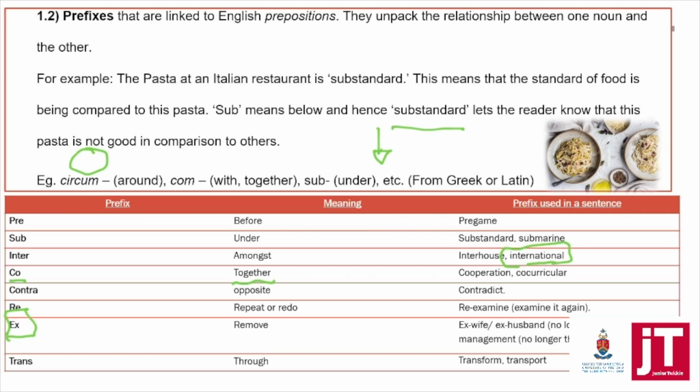They go through the process of becoming a different thing altogether. And then transport means that I will be traveling from port. A port is a station, so I'm traveling through the country. I'm traveling from port through to the other port. Okay, which means that they're carrying something for a long time. So those are the prefixes that are linked to English prepositions.